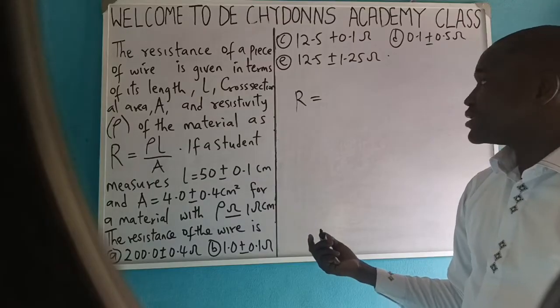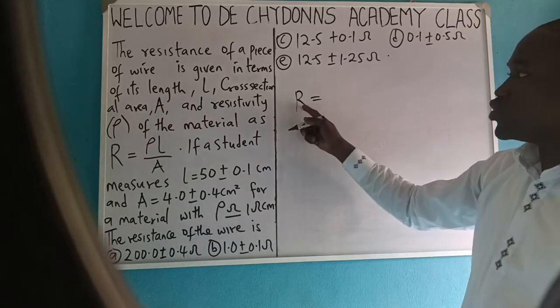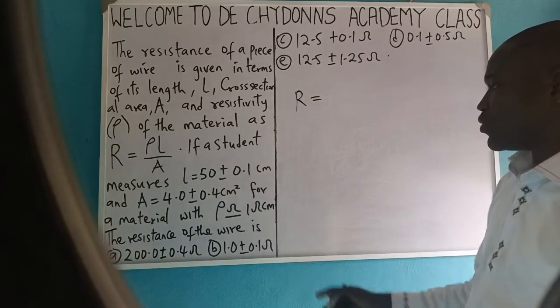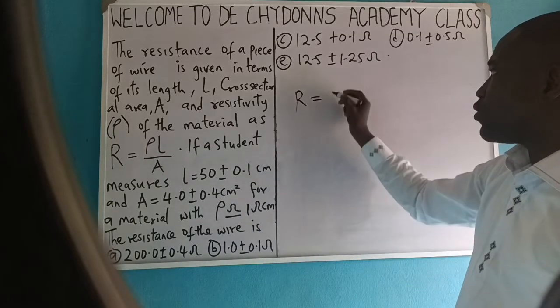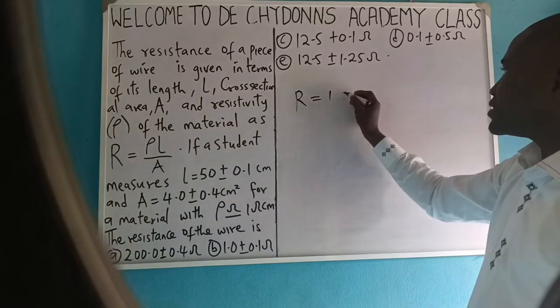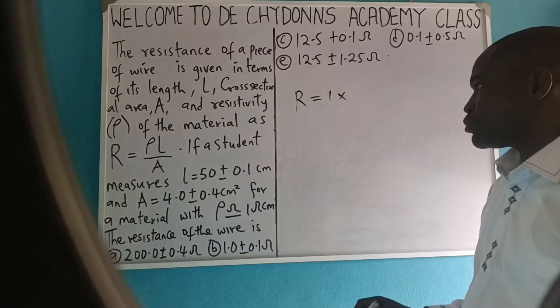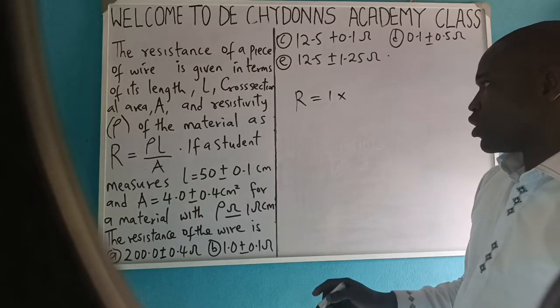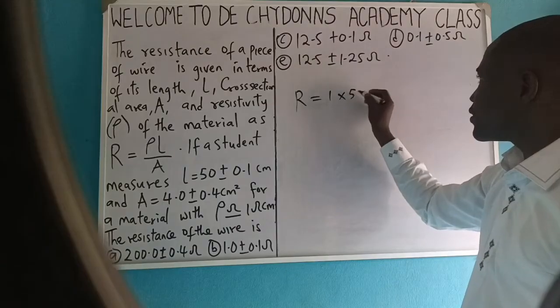Are you getting it? Now, first of all, use this R and get the value using the values they give to you. What is your resistivity? 1. Everything is in unit. 1 times, what is your L? 50.